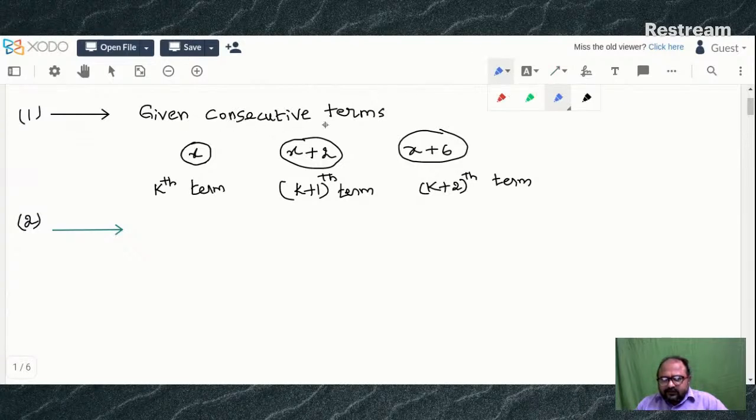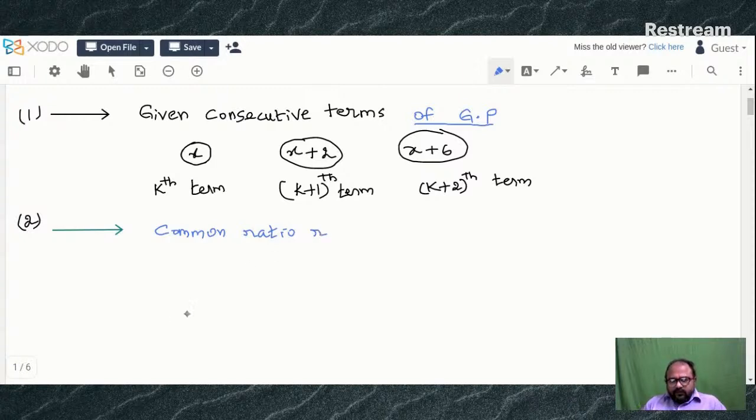These are given consecutive terms of a geometric progression. I underline this geometric progression. How do you define the common ratio? Common ratio r.